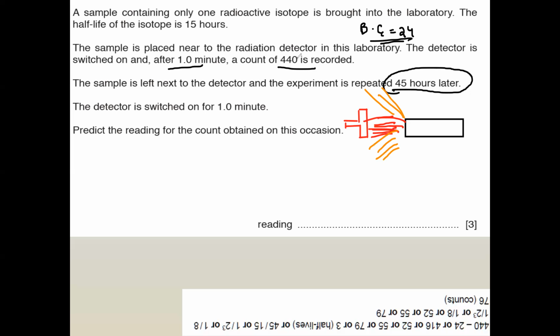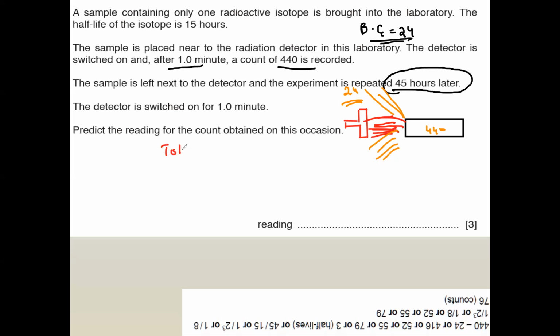So the total reading on the detector is 440, and the surrounding reading is 24. How much is coming from the source?